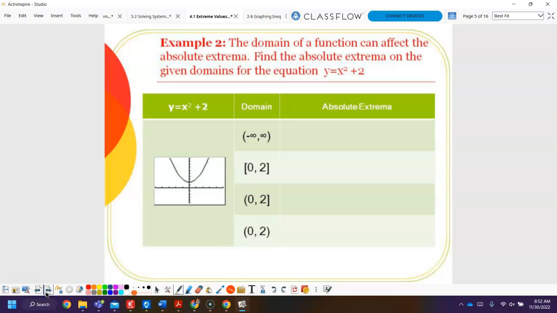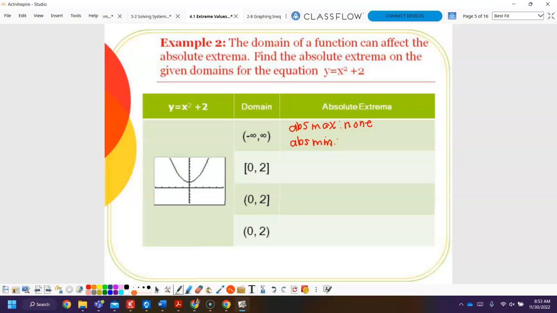So does this function, as it stands now, have an absolute max? No. Does it have an absolute min? Yes.